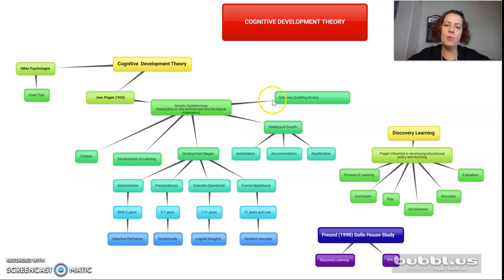The next thing that I would like to go over is schemas, which are actually the building blocks of the information or the intellectual growth that I will go over in a second. So schemas are just links, and they must be cohesive in order for the links to fit nicely together, where there are no gaps that need to be filled in.